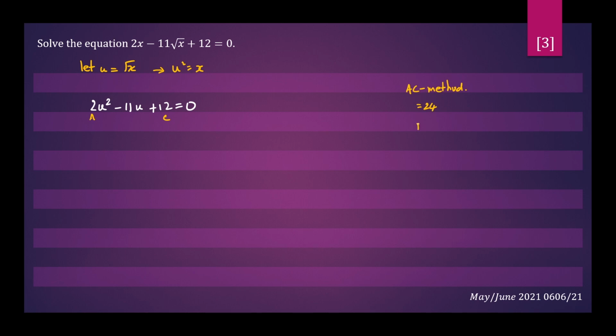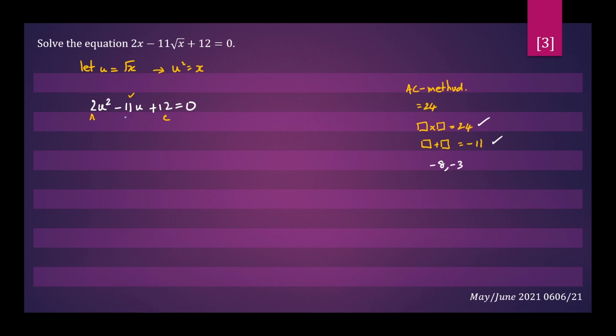What we need to do is look for two numbers that when you multiply, you'll get 24, and when you add the two numbers, you'll get the middle term, which is negative 11. By guessing and checking, you should find that the two numbers are negative 8 and negative 3. So negative 8 times negative 3 is 24, and negative 8 plus negative 3 is negative 11.